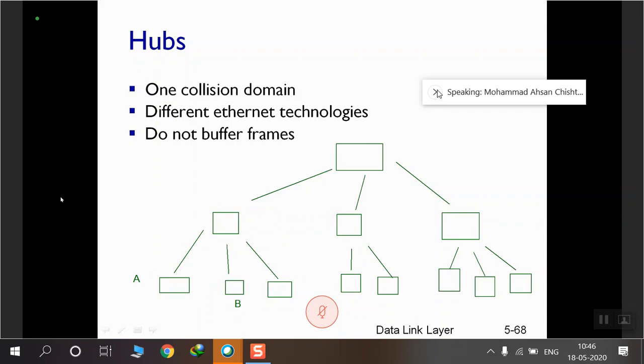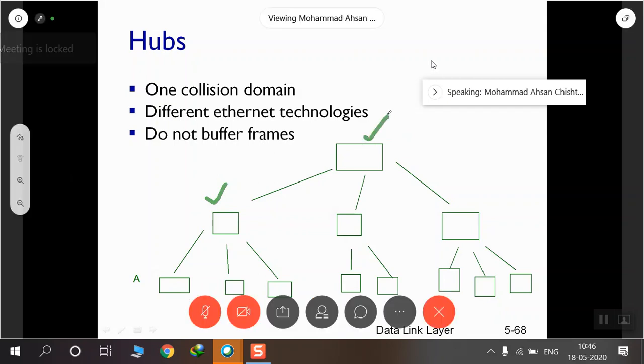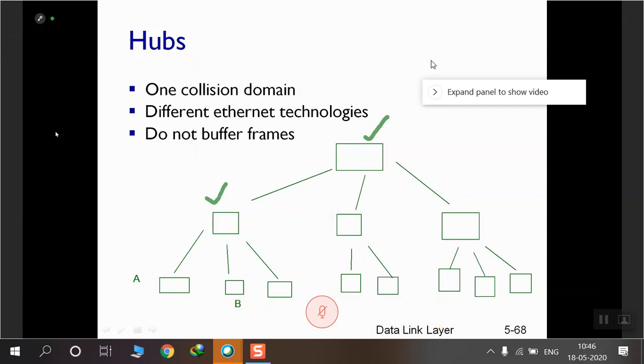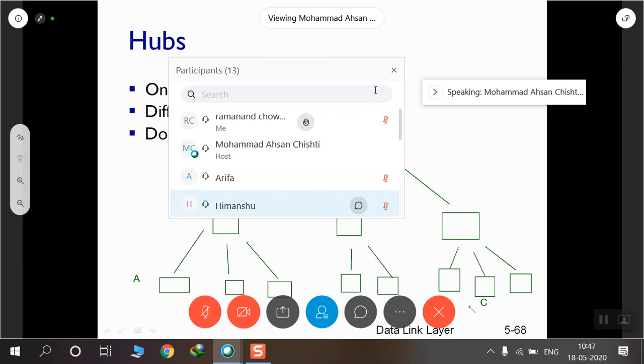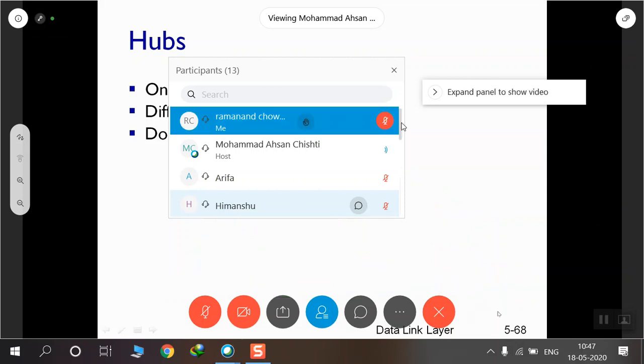A single collision domain means if A here has to send to B here, all the nodes that are around here, whether it's this or this, all of them will receive this packet, because this node will broadcast it, and this is connected to it.